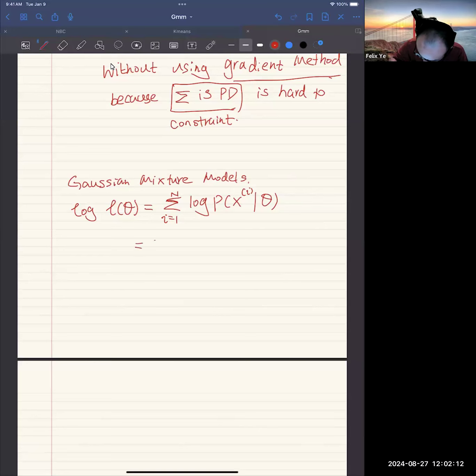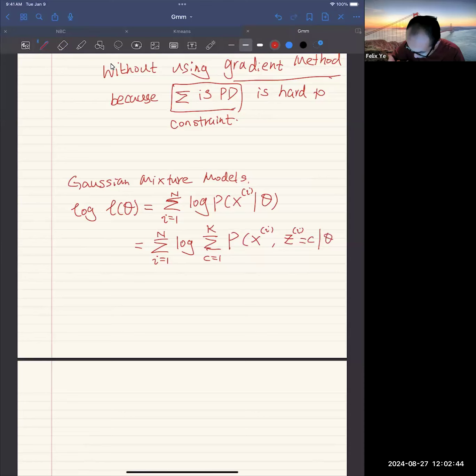So here this becomes the summation over z_i, let's call it c here, which I think would be easy. C from 1 to k of the probability of x_i and z_i equal to c, conditional on theta.